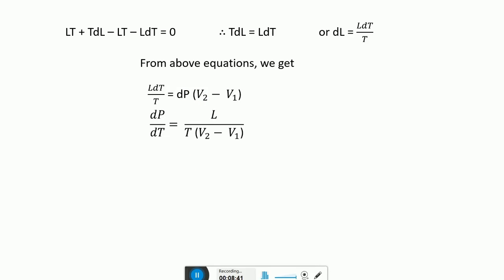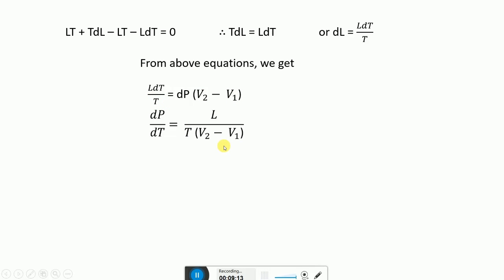So from the relation, dP/dT = L/(T(V2 - V1)). Take dT on the right side and the remaining terms on the left side, so that we get dP/dT = L/(T(V2 - V1)).